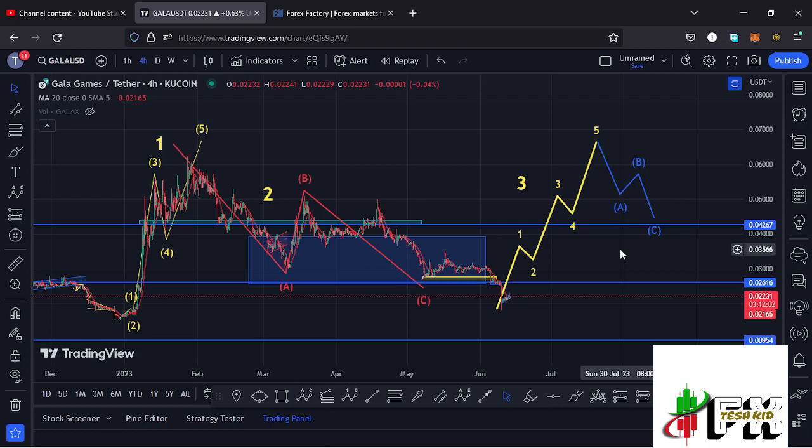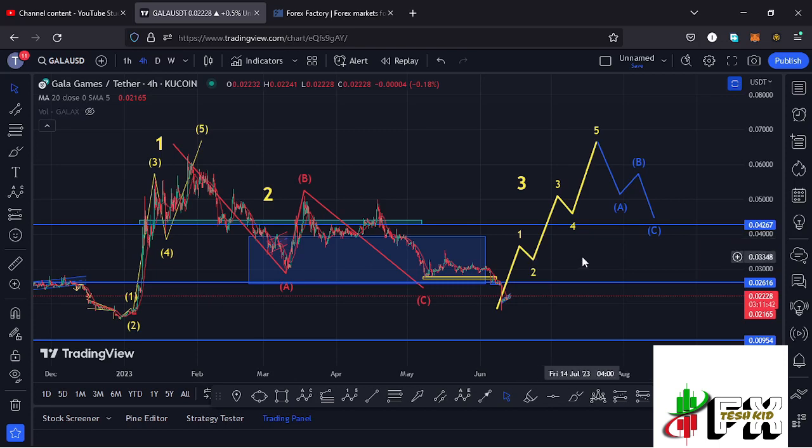So that is what I'm expecting on the short-term point of view and also on the long-term point of view, where I'm expecting a lot of volatility today as a result of the PPI and the FOMC meeting, which could give us a bit of another spike above the $0.025 mark.